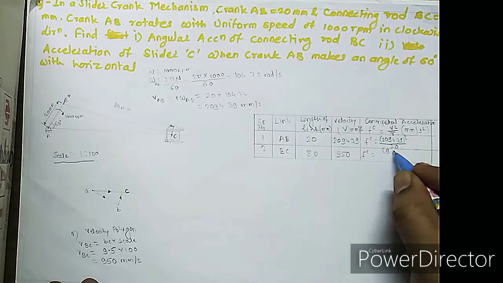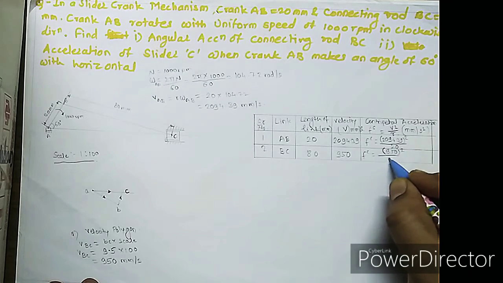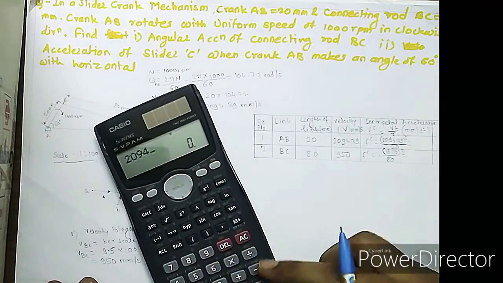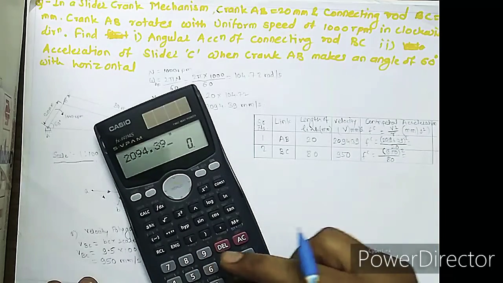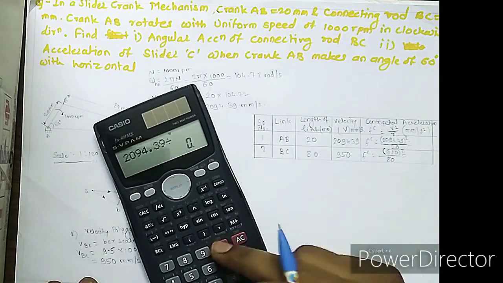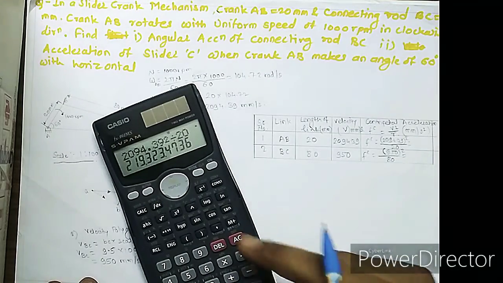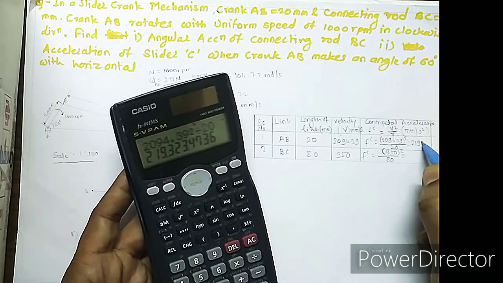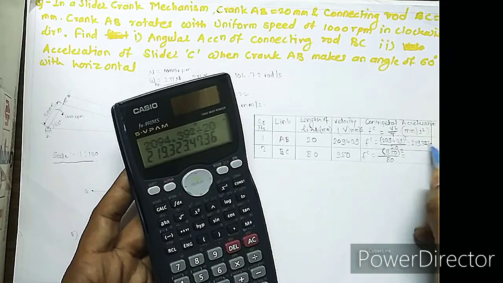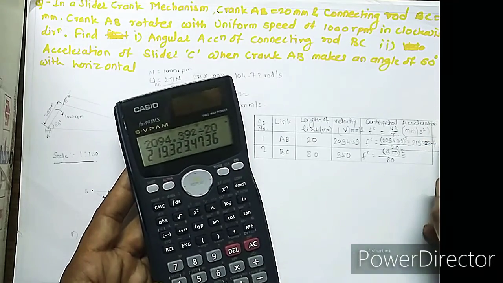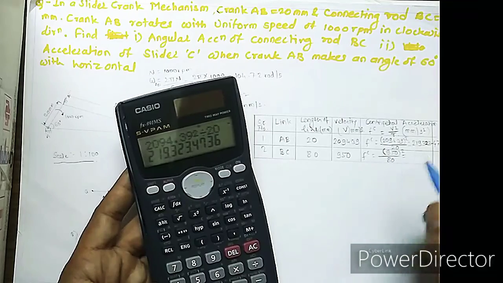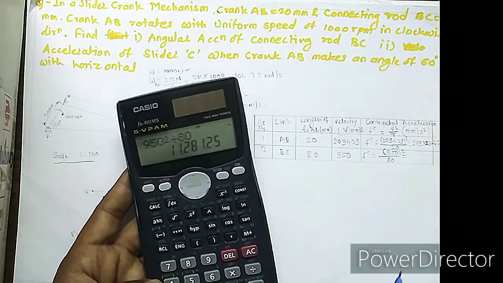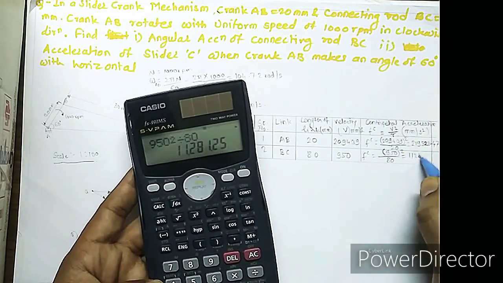Next for BC, FC equal to 950 square divided by 80 equal to, now calculate it on a calculator. 2094.39 brackets square divided by 20, 219,323.47, and for BC 950 square divided by 80, 11,281.25.